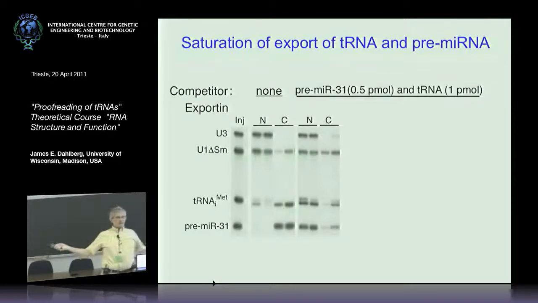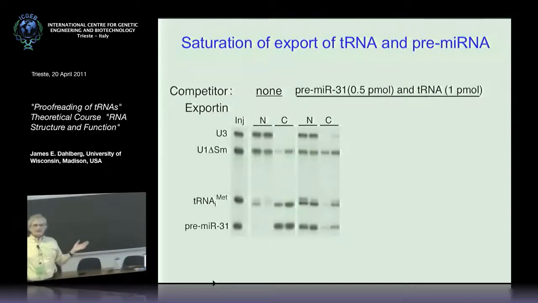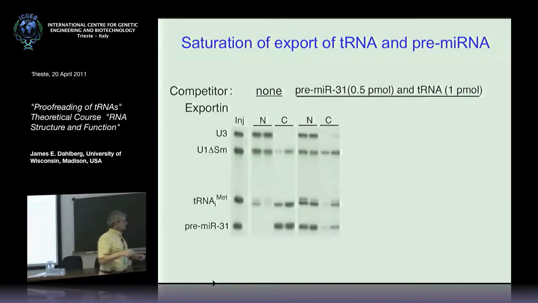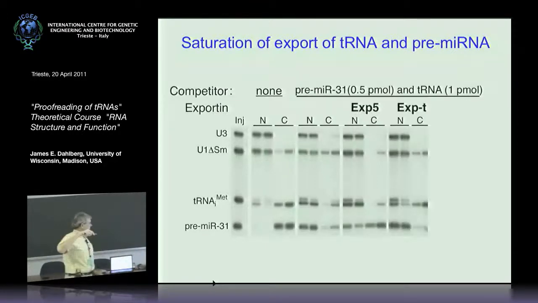And since we have now, thanks to a number of other labs, cloned versions of all these export receptors, we can add back individual export receptors and see which ones bring these molecules into the cytoplasm. And you can see if we put in exportin 5, we now are able to see the pre-miR 31 appear in the cytoplasm.